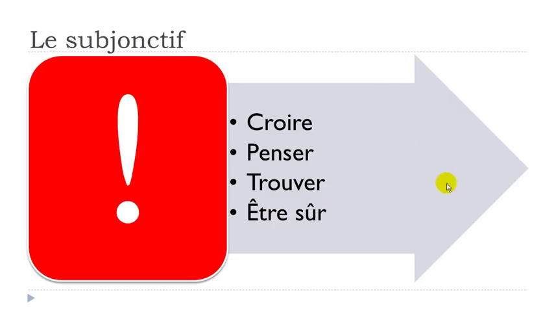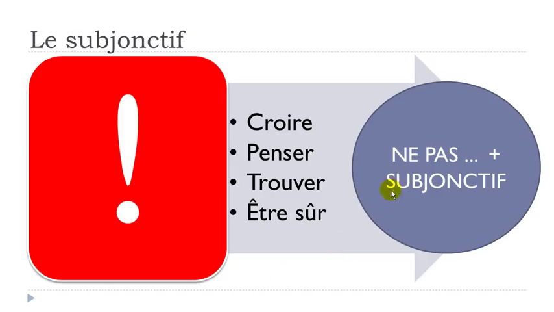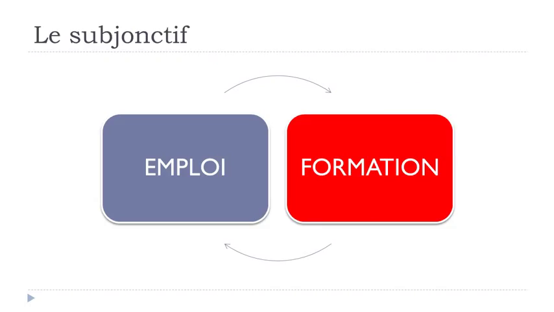So all the tenses we saw so far, okay, but then when you put these verbs at the negative form, then they should be followed by the subjunctive. Okay, so keep that in mind. So croire, penser, trouver, être sûr. If you want to use these verbs and put them at the negative form, they should be followed by the subjunctive. Okay, let's see now how we'll make this subjunctive form.